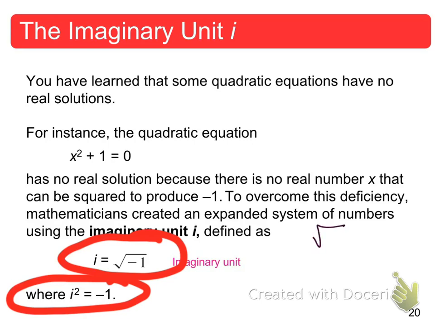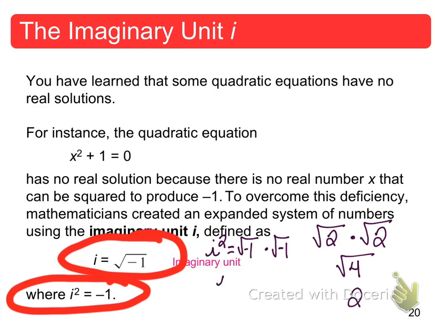If I have the square root of 2 and I multiply it times the square root of 2, what I get there is the square root of 4. And what's the square root of 4? 2. So what I've done when I have i squared is the square root of -1 times the square root of -1.